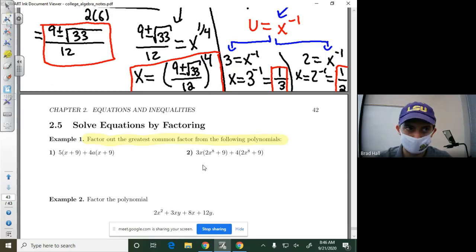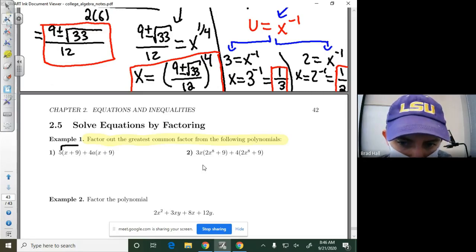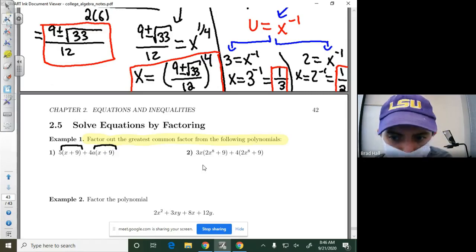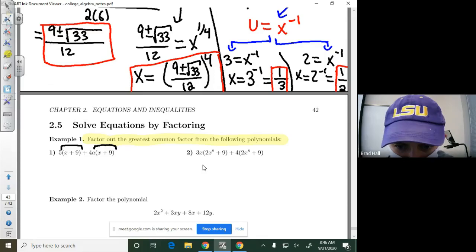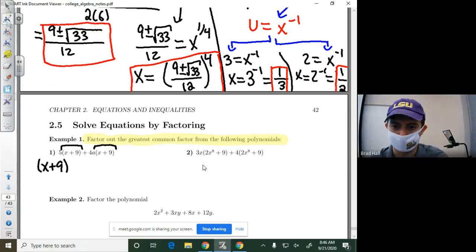So in problem 1, they really give it to us. They give us the common factor here, the common x plus 9. If you remember from the AC method, whenever you figure out what the 2 numbers are, you end up factoring by grouping. So this is the same idea. We're factoring out the x plus 9 from both terms.